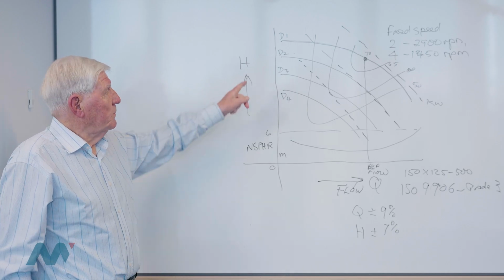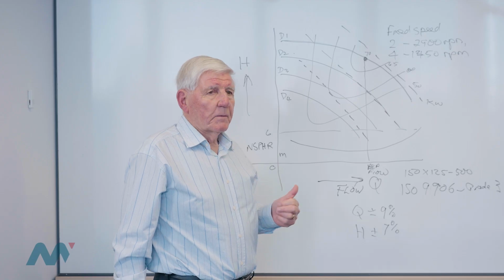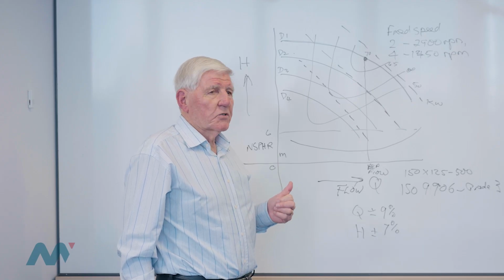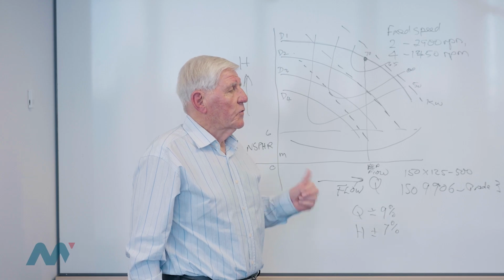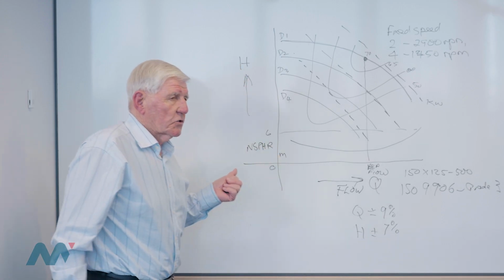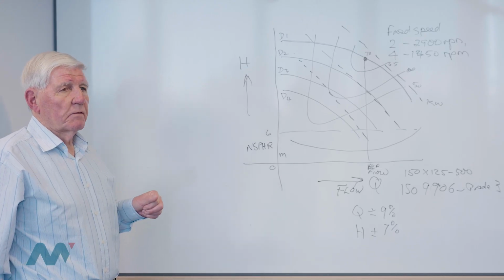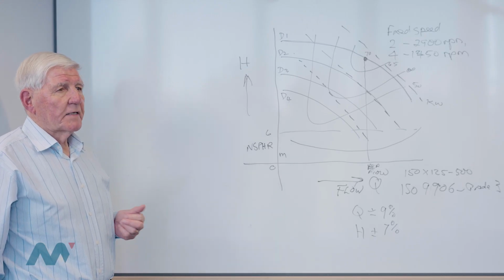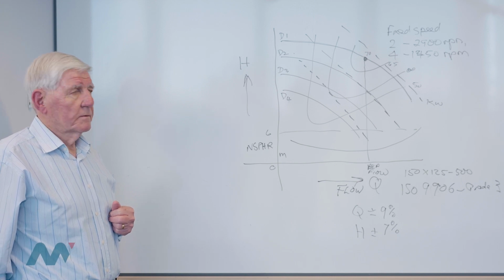So we've got two components in this line. One of them is easy to measure because we can put a pressure gauge on it. But the other one is more difficult to measure because it means that we must know the velocity in the suction and the velocity in the discharge. And if there is a difference in velocity, that is represented by the velocity head component of the pump calculation.